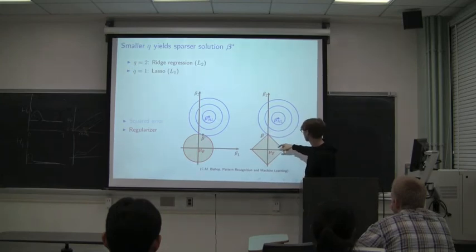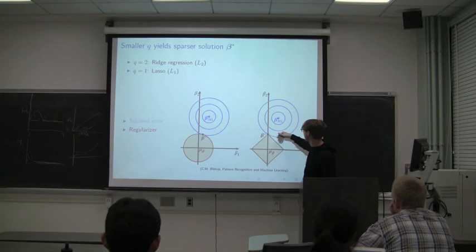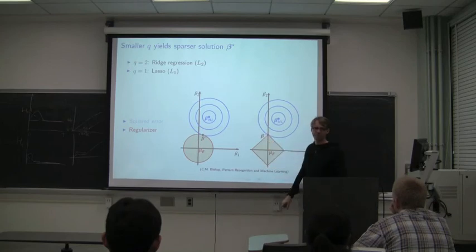So in this case, the optimal solution of the sum of the penalizer and the squared error would set beta 1 to 0. And for that reason, we get a sparse solution.